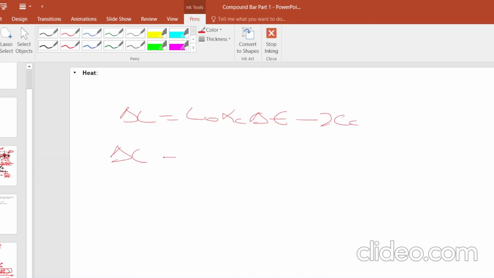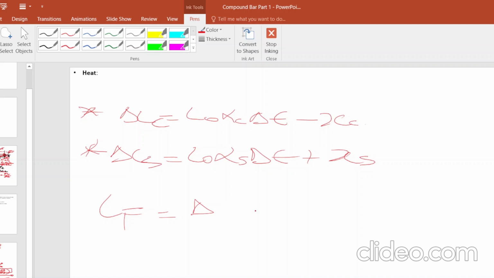Then the change in length, if it is of steel, it will be α, steel, change in temperature plus XS. You will be using these formulas to calculate the change. Then you take the values of those formulas, then you calculate LF equals the change. This one is the copper, that one is the steel. Change in steel plus L original, then you get the L final.